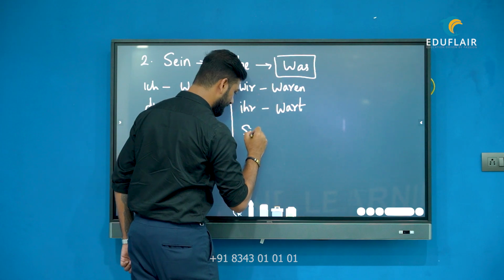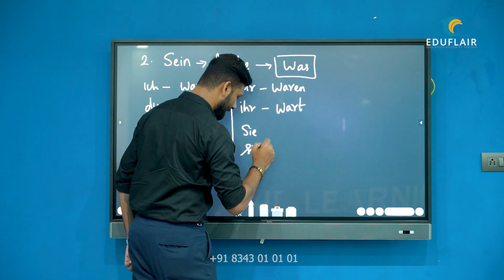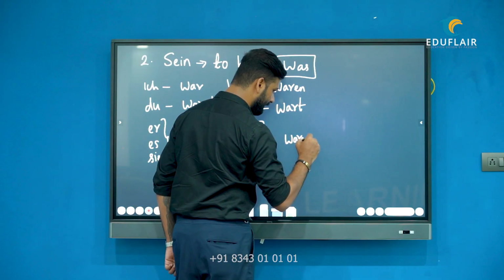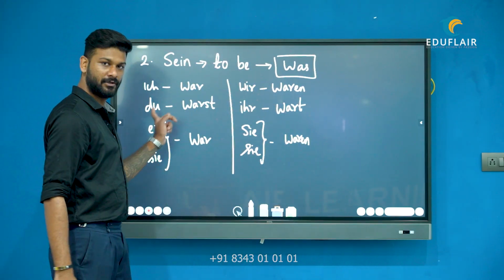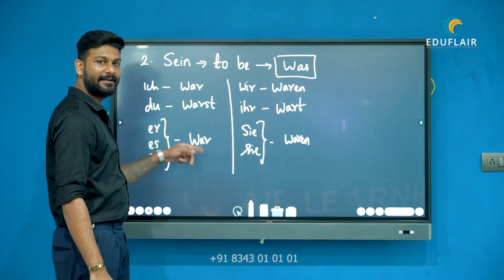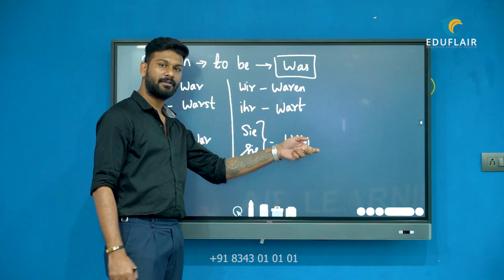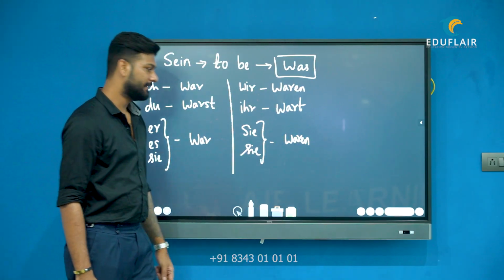And for the sie, which is you formal, as well as they, it is waren. Clear? So I was, you were, he was, it was, she was, we were, you were, and this is they were.